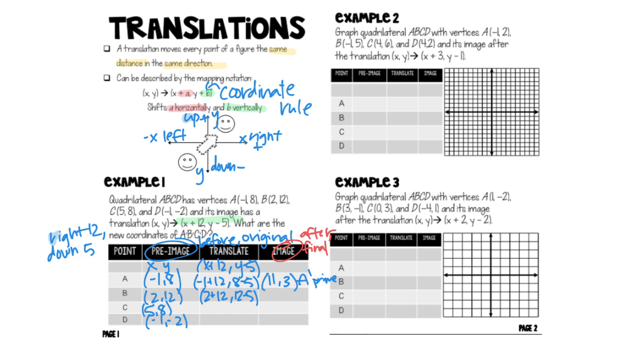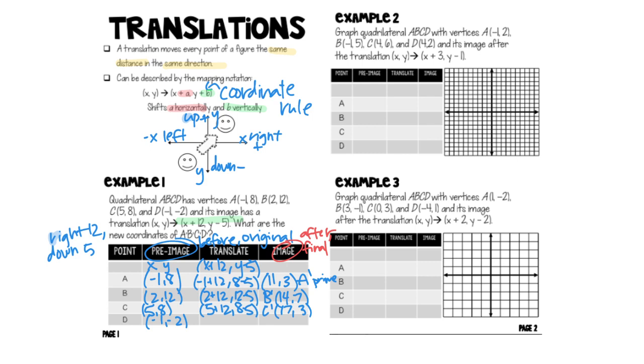Two more points to do. So solving this one will give me B prime, which is 14 and 7. Very good. Now we're on to point C. So we're going to take our x value, 5 plus 12, y value 8 minus 5. C prime will be 17, 3.